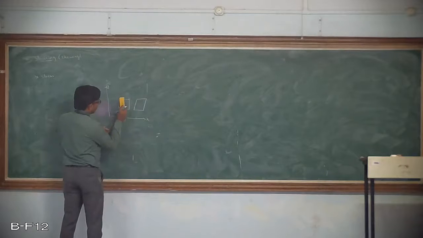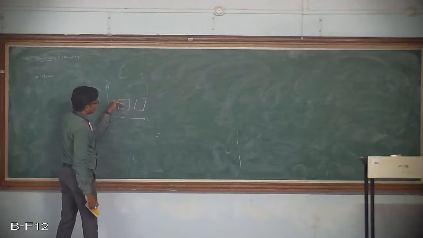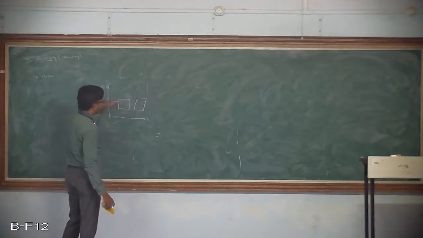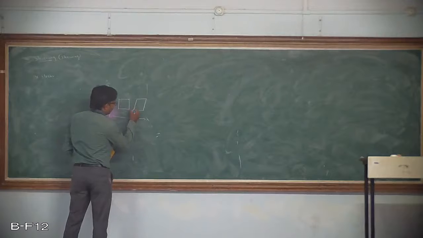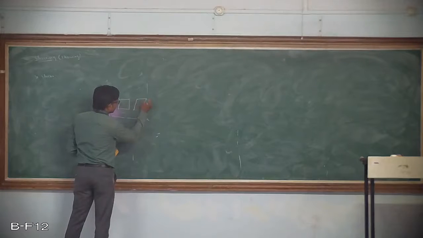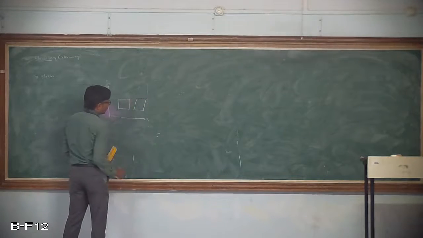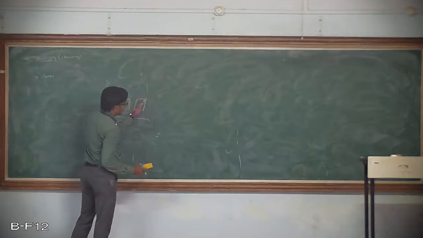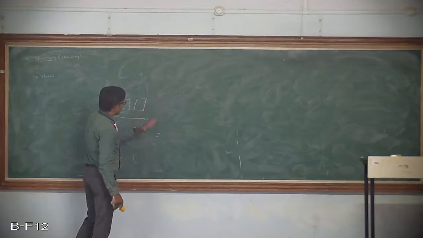I'm distorting the face of the square in an x-axis manner. When I'm doing this, the y coordinates remain as they are. You can observe here, y coordinates are not changing, but the x coordinates are shifting. So this is called x shear.